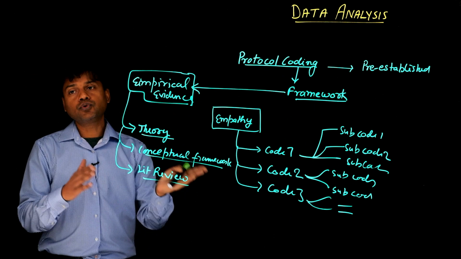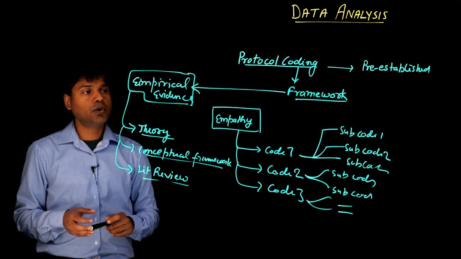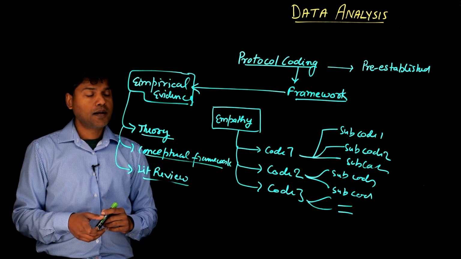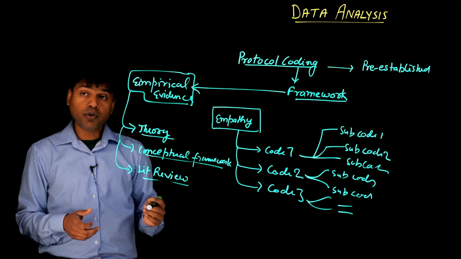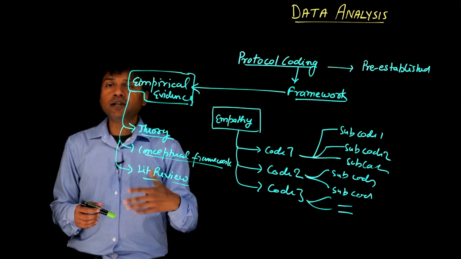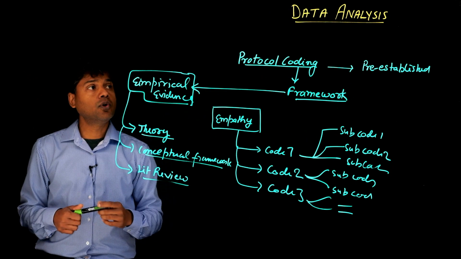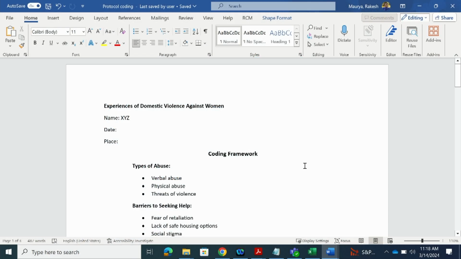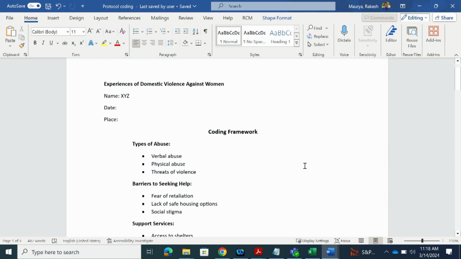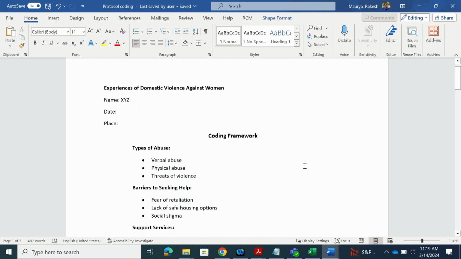And then you use those codes while coding your data. Let me use my computer to give an example of what protocol coding looks like. On my screen, you can see this is a study on experiences of domestic violence against women.